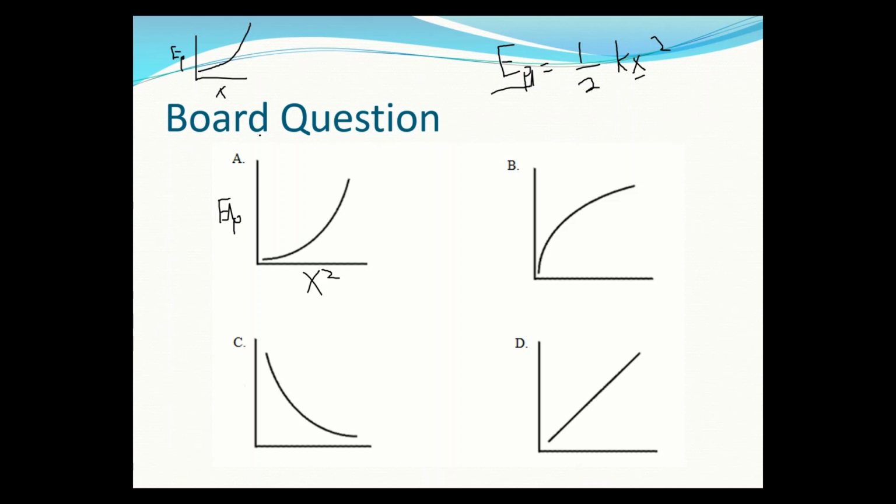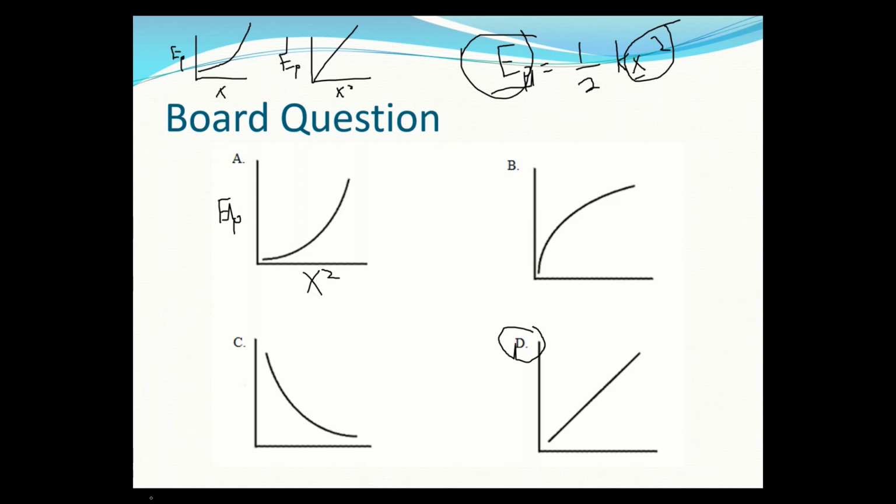But then we straighten it out. And how do we straighten it out? Well, we make it look like it does in the formula. So EP is fine, but x needs to be squared. So when we did EP and then x squared, we always got a straight line graph, because it looks like it does in the formula. So the answer for this is actually D, not A.